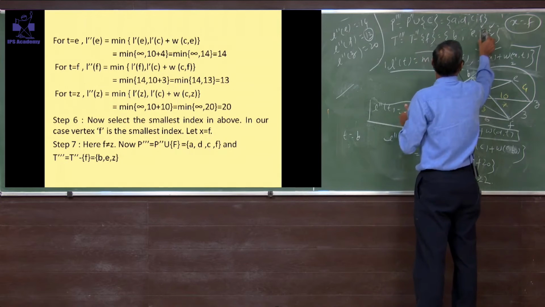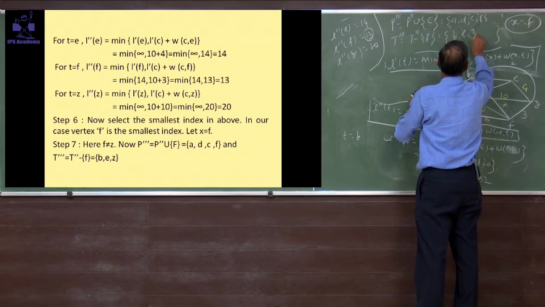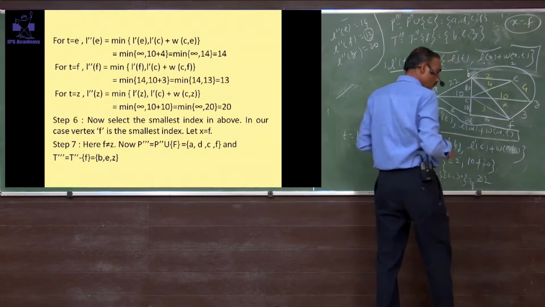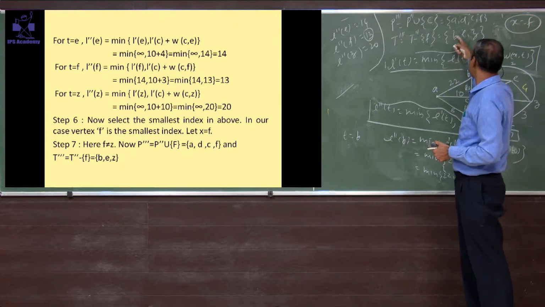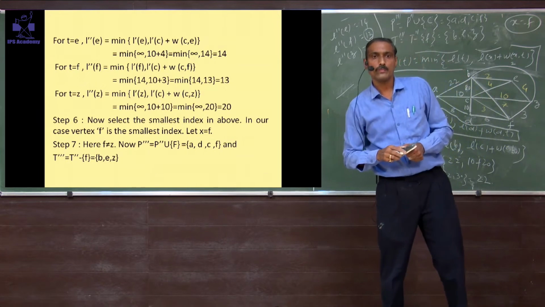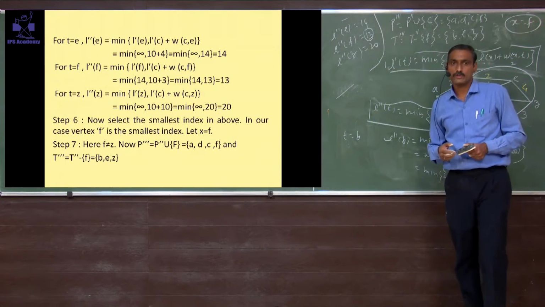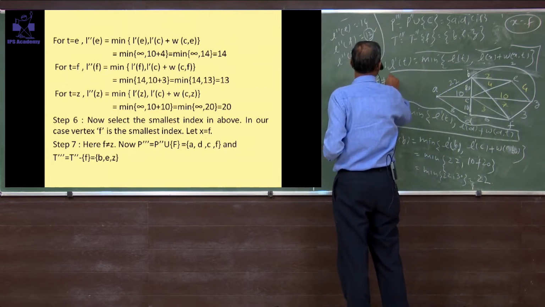We get B comma E comma Z. Now we have to reach Z. That means we also have to calculate now for B, for E and then lastly Z. Our F is not equal to Z, not a final vertex.